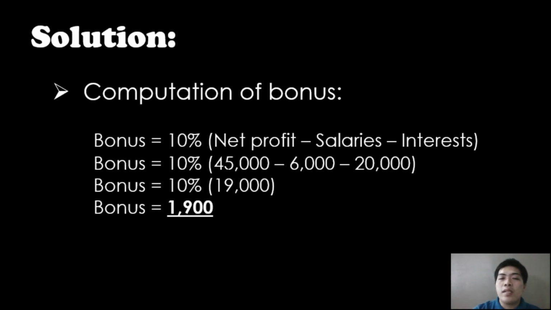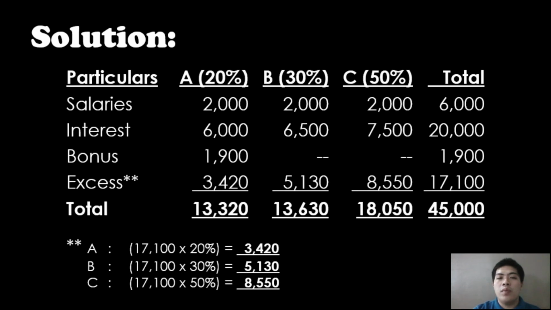So, yung 45,000, bawasan ng 6,000, bawasan din ng 20,000. We have it 19,000. So, times 10%, we have 1,900. So, sa distribution, okay, yan yung ating bonus. So, 13,320 kay A, 13,630 kay B, and 18,050 kay C. Okay?